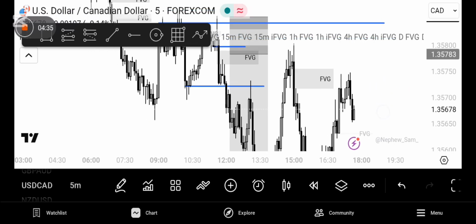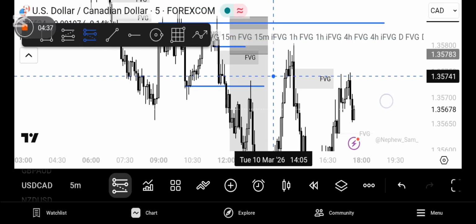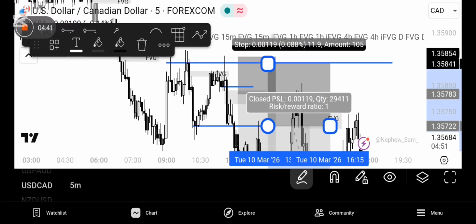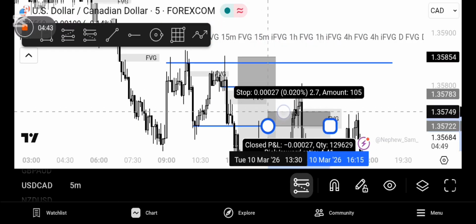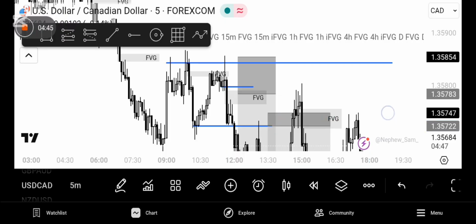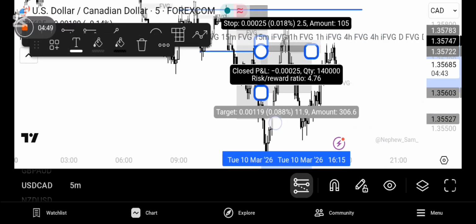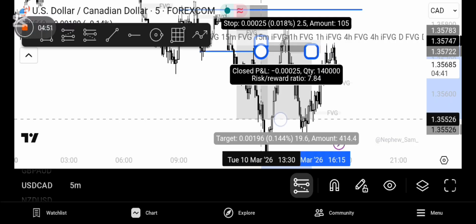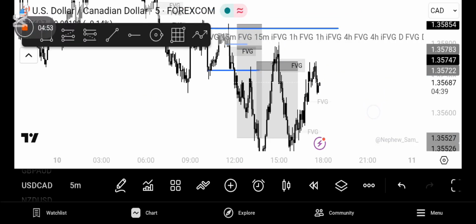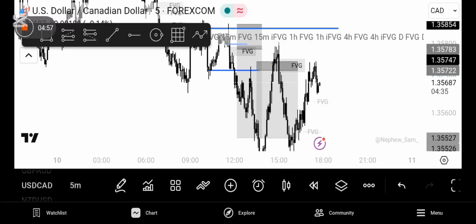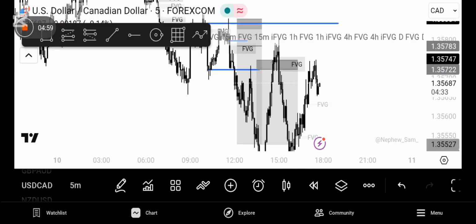I would have placed my entry here on that spot, then targeted this particular key level, and still used the same take profits. And I would have gotten a close to 8 RR trade. That's a 7.84 RR trade. That was easy.